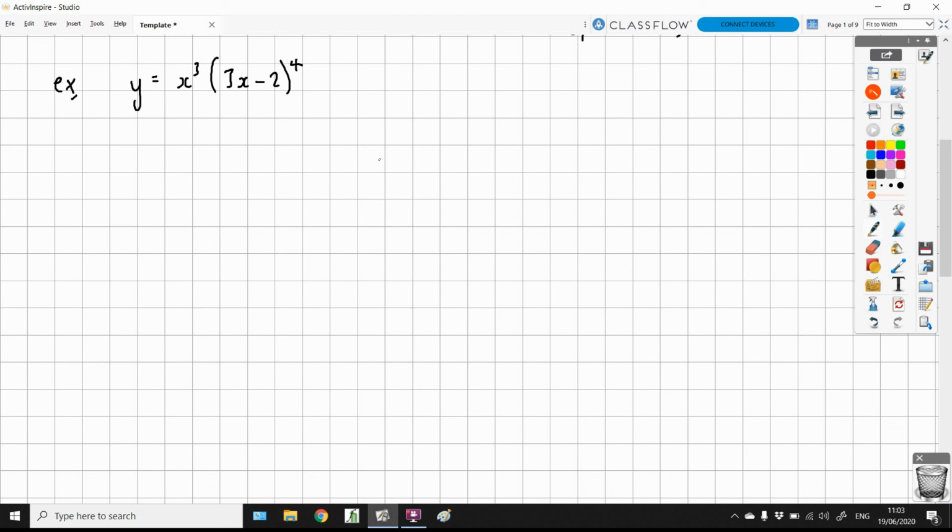Now again, in principle, we could expand that, but with this power 4 in that bracket, that would be a fairly horrible expansion. Multiplied by x cubed, we're going to get a highest power of x to the power 7. It's going to be a bit of a nightmare just to expand it. Then we would have to differentiate it, and then we would have to refactorise that. You don't really want to go through all those steps. The product rule is perfect here.